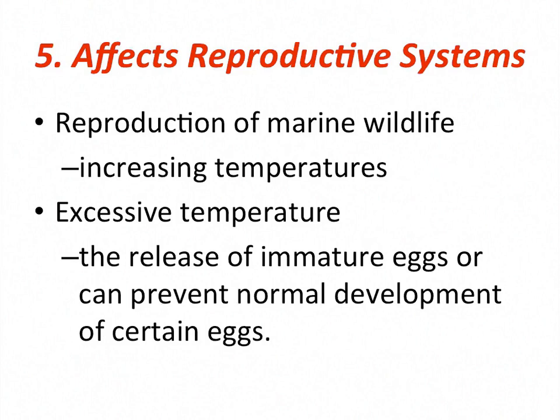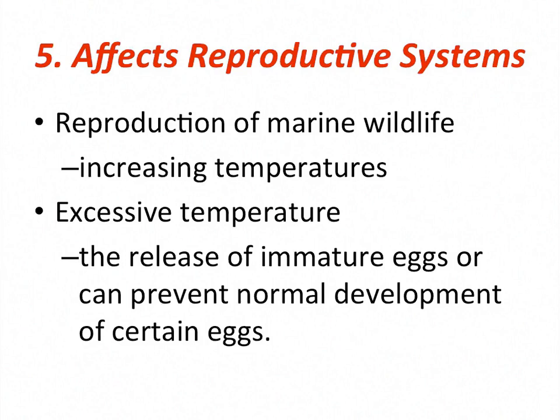So a significant toll can be seen in terms of the reproductive system being affected, like the reproduction of marine wildlife. Although reproduction can still occur between the fish, the likelihood of defects in the newborn is significantly higher.